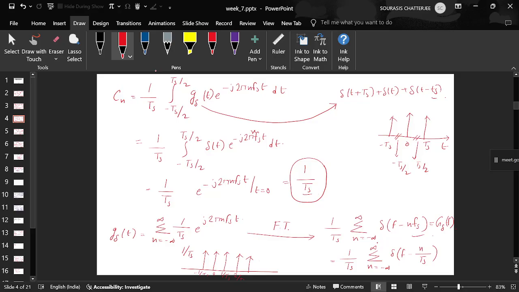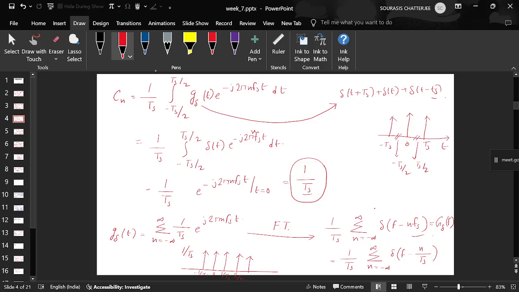The only thing is, in the time domain the spacing is Ts, and in the frequency domain the spacing is Fs, which is 1 over Ts. So for example, if the spacing in the time domain decreases, that is, the impulses become denser or closer to each other, in the frequency domain they will be more spaced out, that is, 1 over Ts will increase if Ts falls.